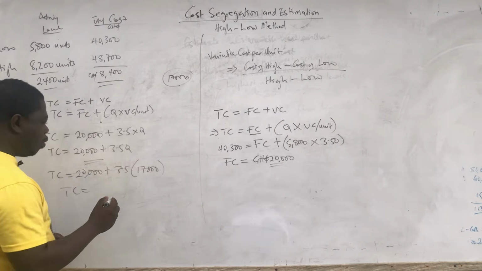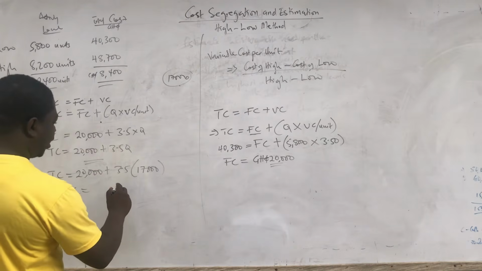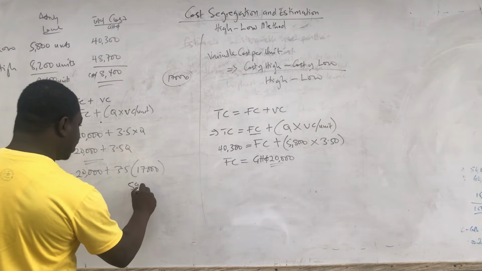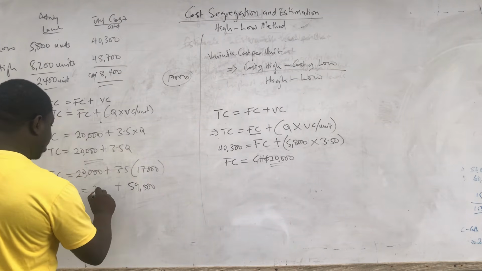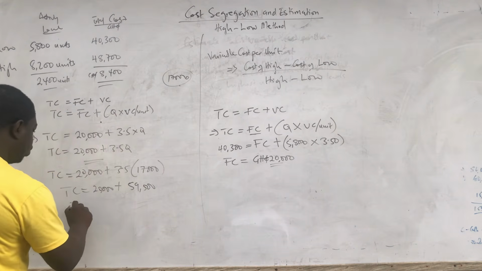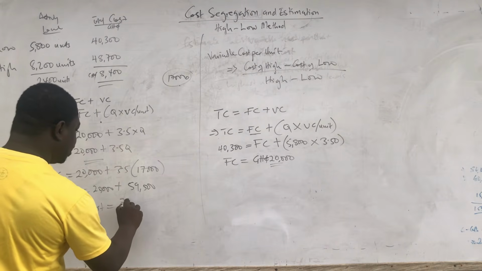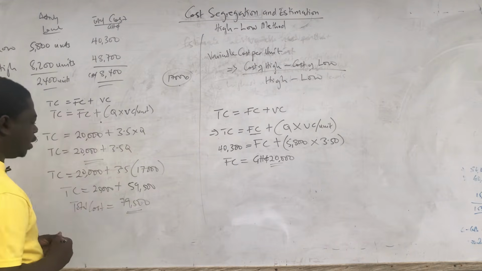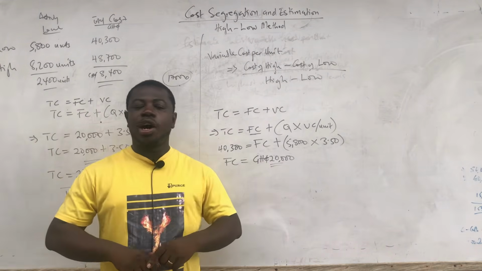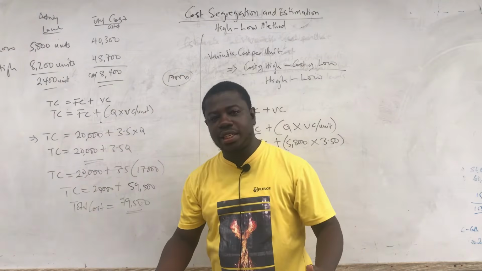And so when we multiply 17,000 by 3.5, we have 59,500, and then we add that to our 20,000, and so our total cost will now be 79,500 Ghana cedis.